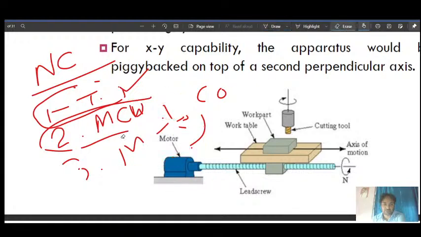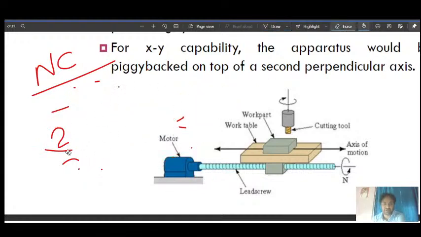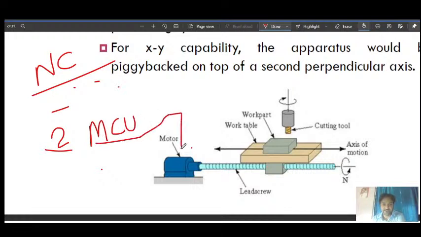So here again you can see from second component, machine tool or MCU, signal is generated, and that signal goes to the motor, and here when I say signal it means voltage generated, and then voltage drives this motor. Then this is stepper motor, and then on stepper motor you can see this one lead screw, and on lead screw we have mounted our table.